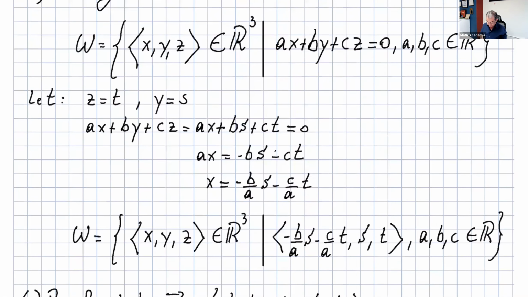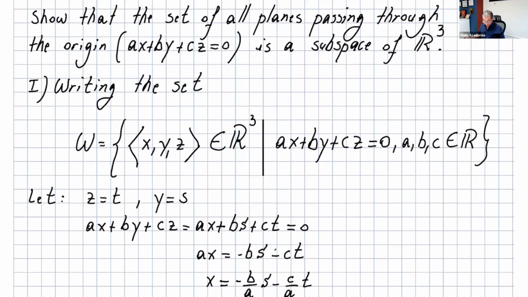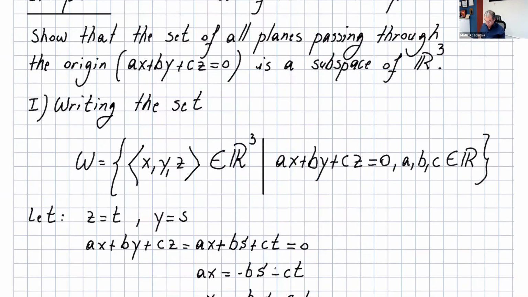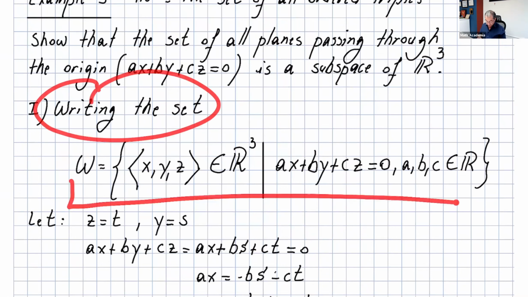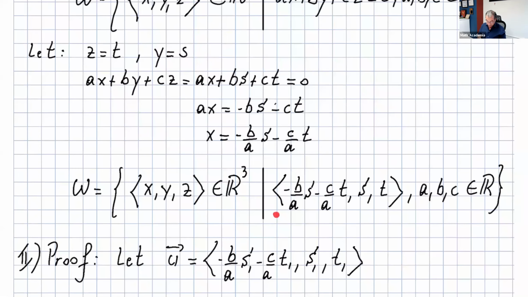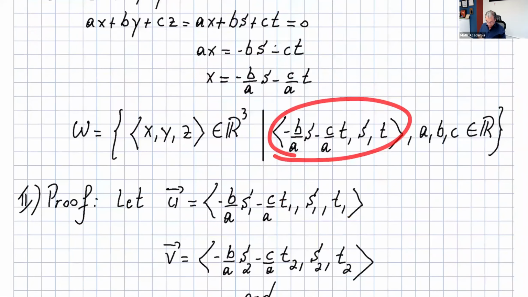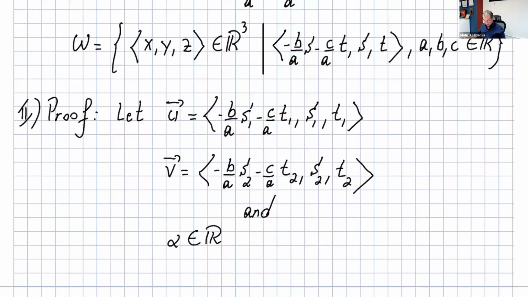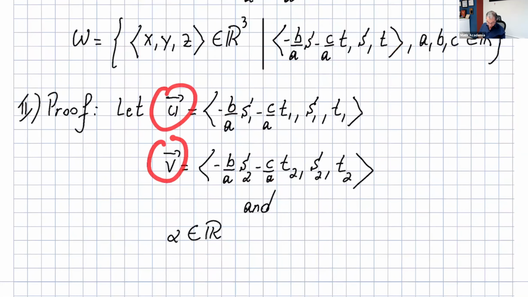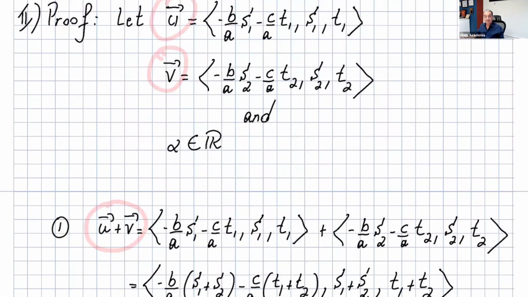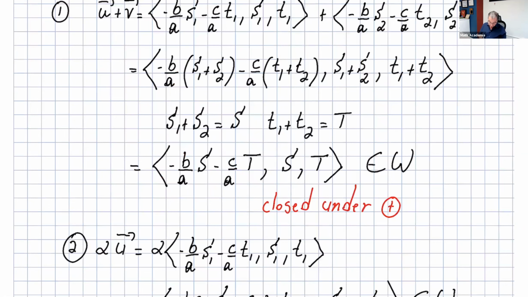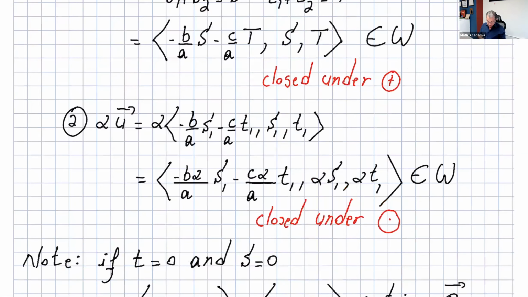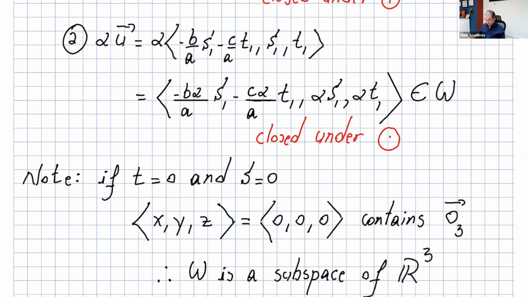Please watch this video a couple of times to see how you write the set and how you have your components. Once you have all that, pick two vectors, do the vector addition, and it has to be in W, and do the scalar multiplication, which also has to be in W. It's a very good idea to check if it contains the zero vector.